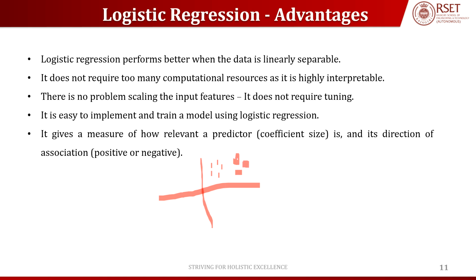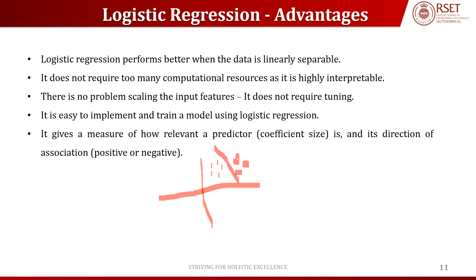If these data points can be separated using a linear line, then it is easier to classify. So this kind of data is linearly separable. That means it is easy for logistic regression to work with.